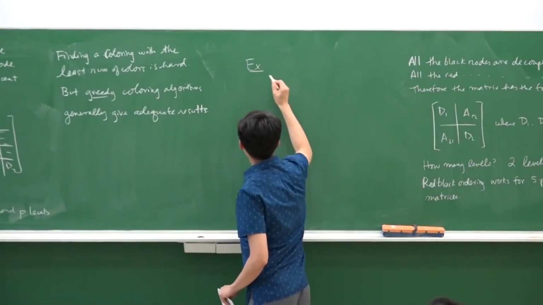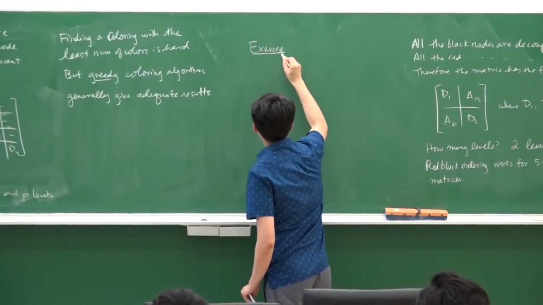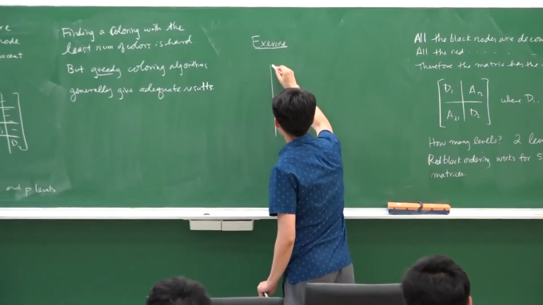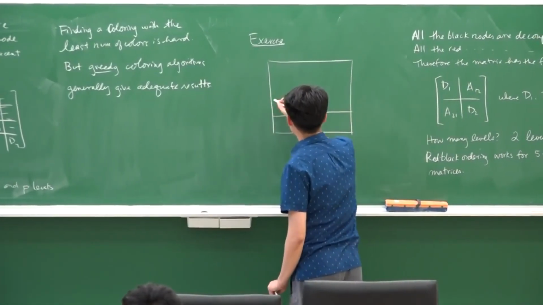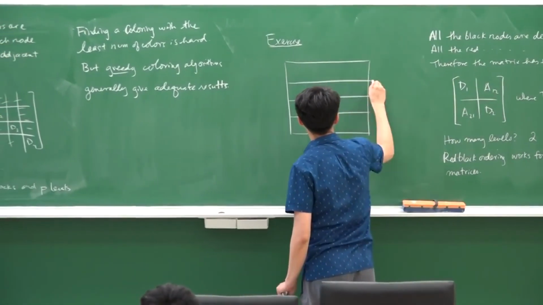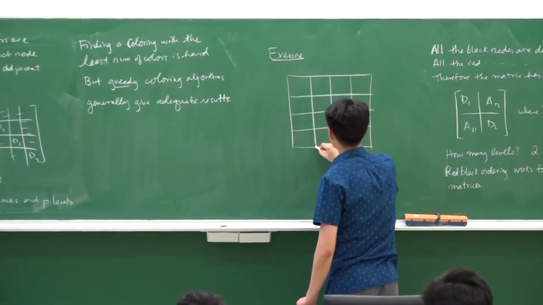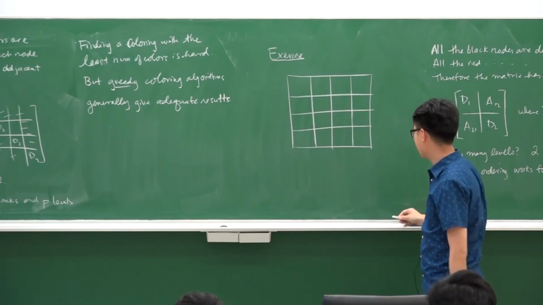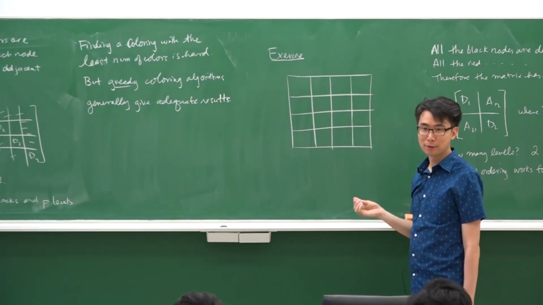So this is to hand in at the beginning of next class. So consider the following mesh. Okay, so instead of the natural numbering, I'm going to number it in a weird way. I'm going to call this a spiral numbering.